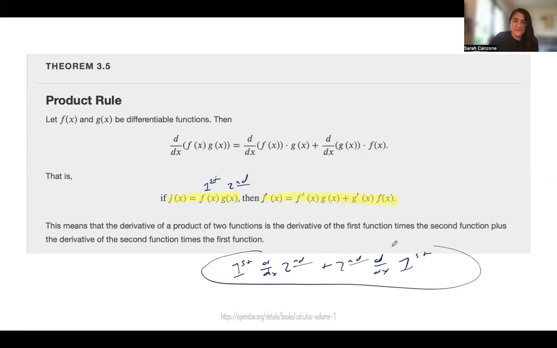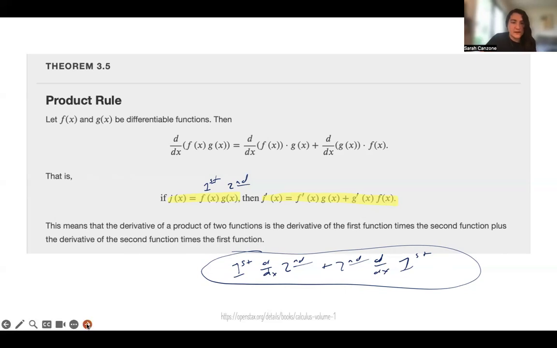All right, this is kind of the trick. And when I'm doing it in my head, even to this day, I've been teaching this for so many years now, I say first times the derivative of the second plus second times the derivative of the first, where I just label the first function as the first and the second function as the second. All right. You can remember this notation if that helps, but I think that remembering it in this way is maybe a little bit easier. And I think that's exactly what this says here, just kind of in words.